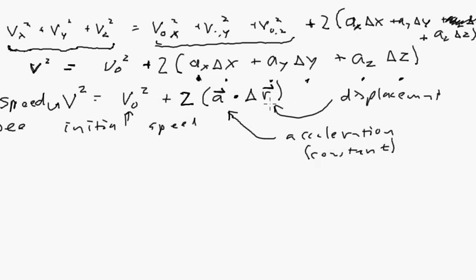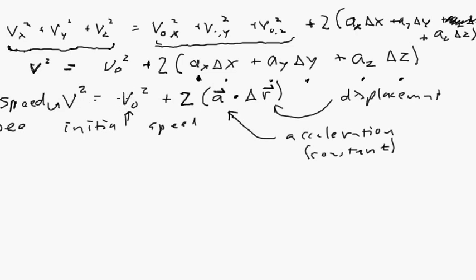And what's interesting is that we don't care what direction it's going in. We just care about the speed. So this is something that can be useful sometimes when you just need to get a speed relationship.